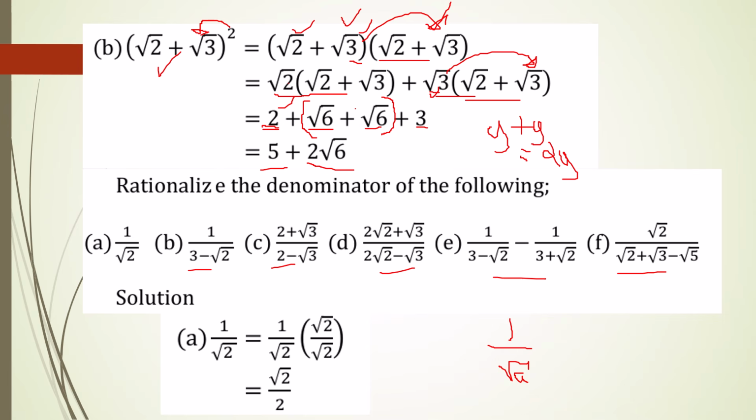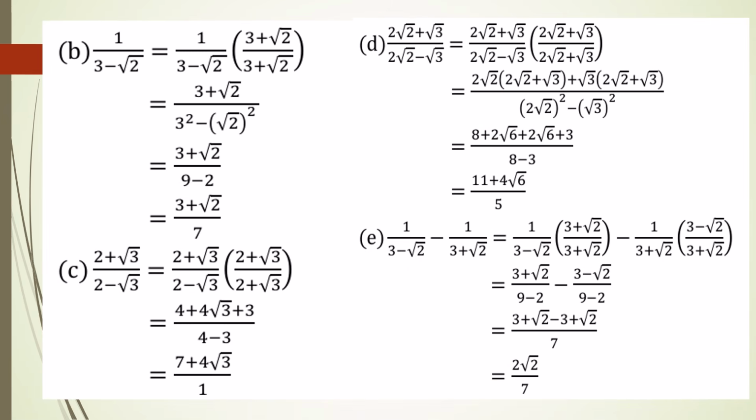Now let's look at others that are going to have more than one value in the denominator. Now looking at part B. Remember here I told you that for you to get a conjugate, when you're having two digits or two values, you just change the sign of what is in the middle, and it must be close to the square root.